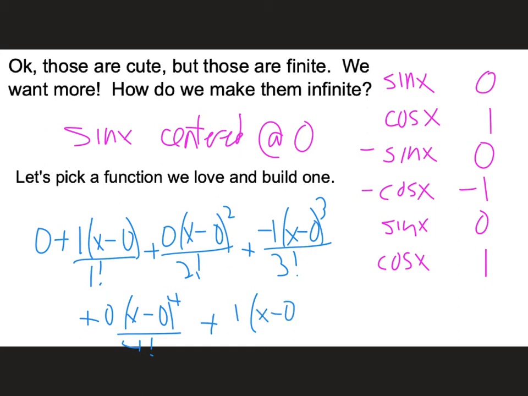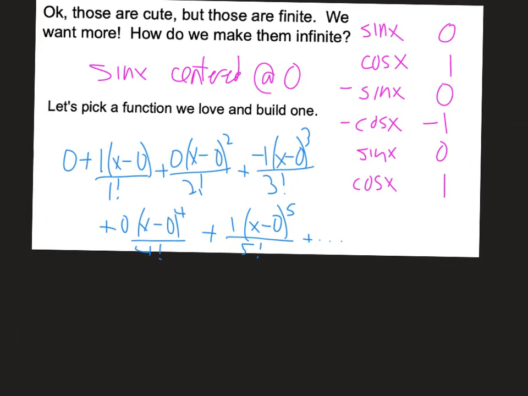All right, I think I see a pattern. Do you see a pattern? So here's your pattern. You have x, and then you have minus x cubed over 3 factorial, plus x to the 5th over 5 factorial, minus x to the 7th over 7 factorial, etc.